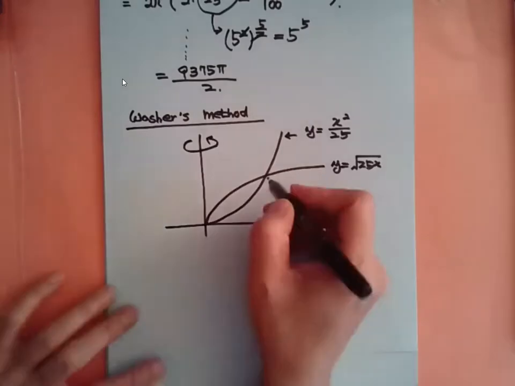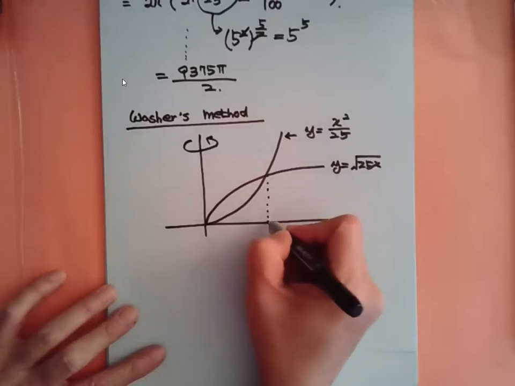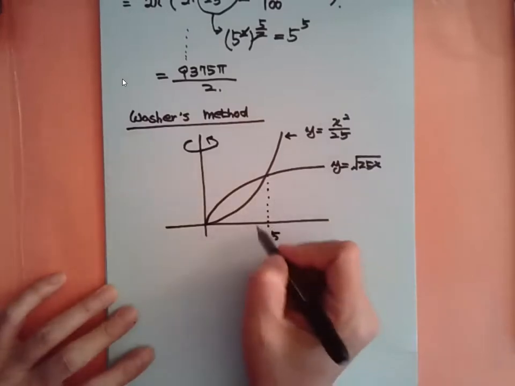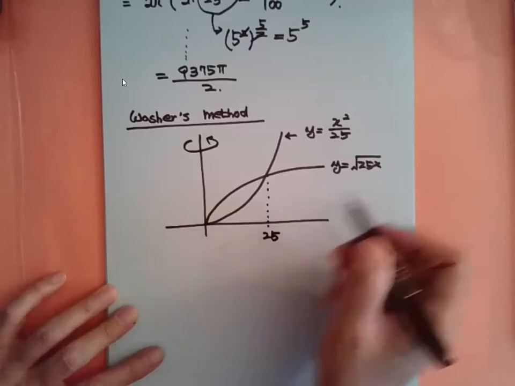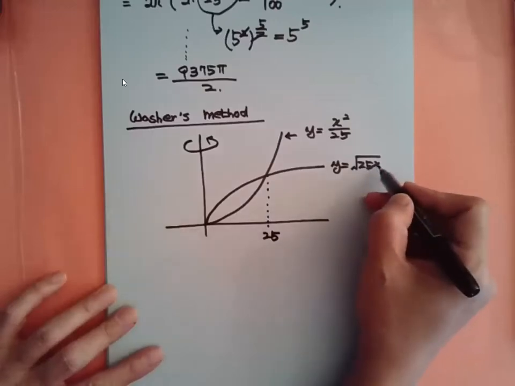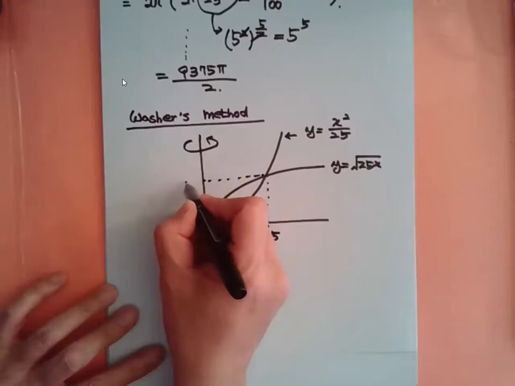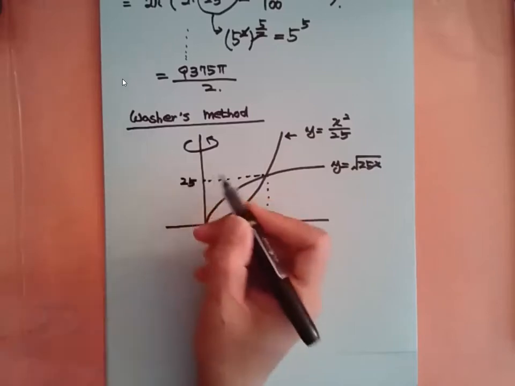Then in this case, we already calculated this intersection point. When x is 25, 25 times 25, and square root is again 25, right? The y-intercept is 25.